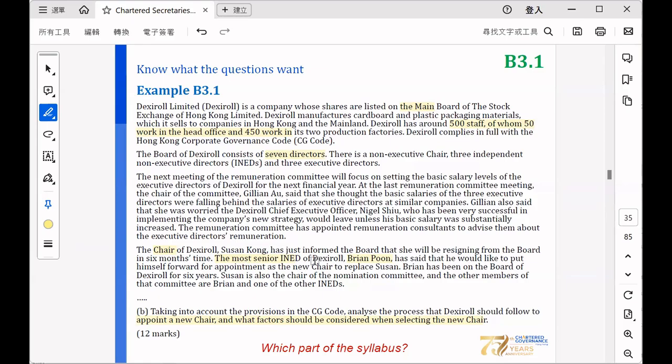Here it doesn't mention very clearly, but as an INED, it's possible that Brian may be involved in the recruitment process because he is the most senior INED, and he put himself as a candidate for the appointment.